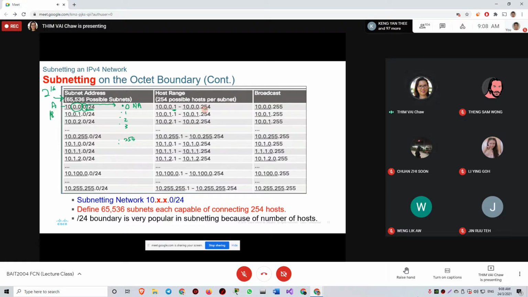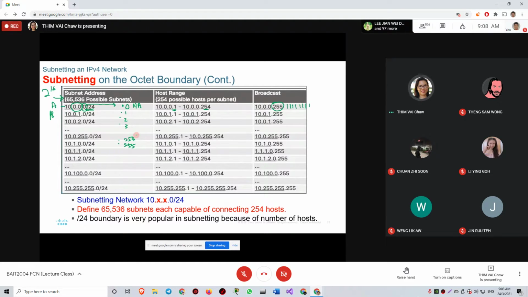This is the first usable address, and this is the last usable address. And over here, dot 255, no more, because all the bit pattern will be set to 1 already. No more changes; this is the last bit pattern.